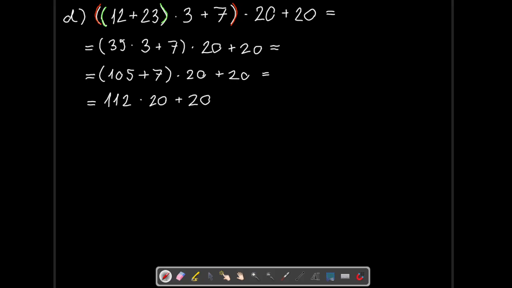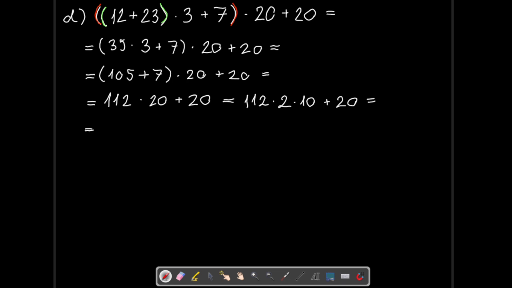And now we are left with multiplication and addition. Now we know that 20 is 2 times 10. So we can write it in that way. Now it doesn't matter which number we multiply first. We can multiply 112 by 10 first, but I will multiply 112 by 2.